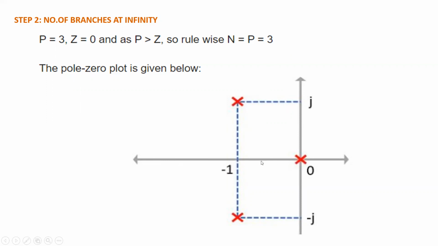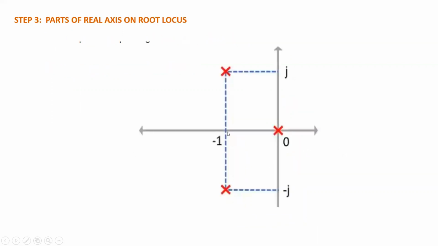Moving on to step number 3, whether the real axis is present on the root locus or not. If we consider any point over here, to the right of it we have only one pole, which is an odd number, so this entire portion from here to here lies on the root locus.